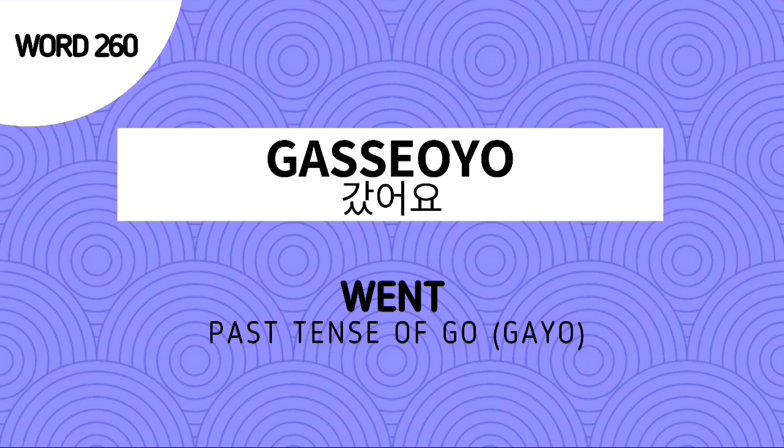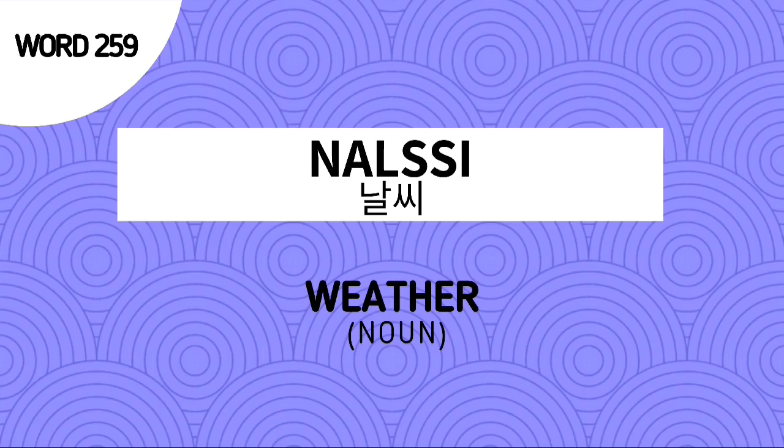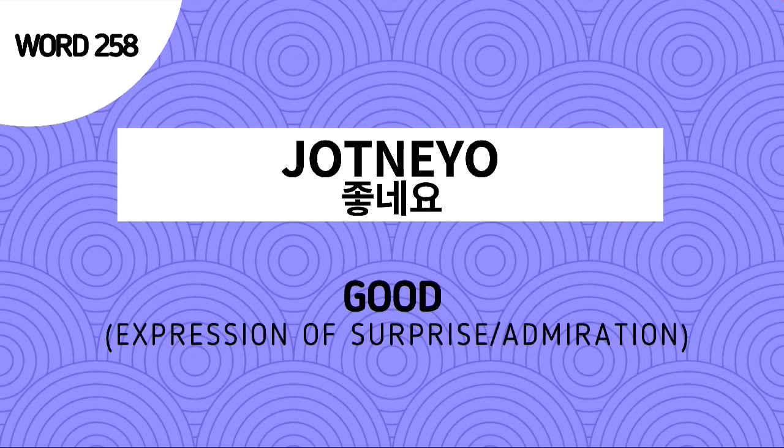Word number 260 is 갔어요, which means went. Word number 259 is 날씨, which means weather. And the last word for our review is word number 258, 좋네요, which means good in a surprise manner.